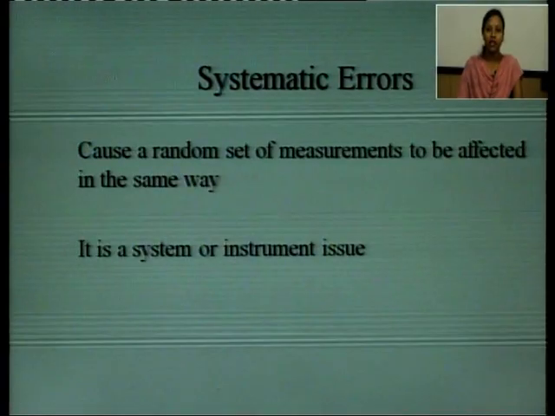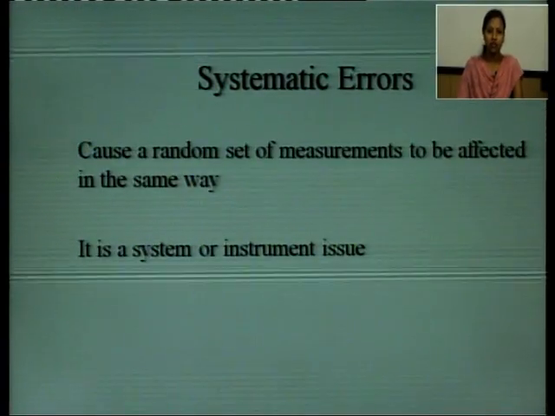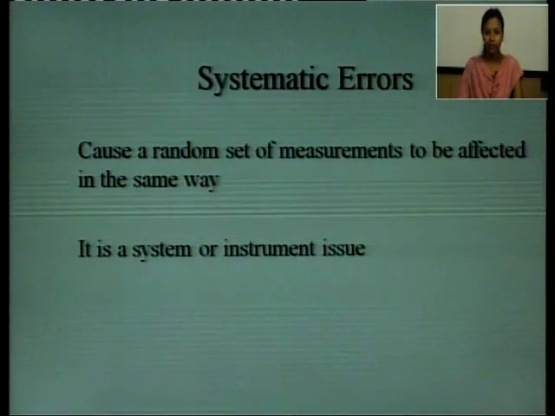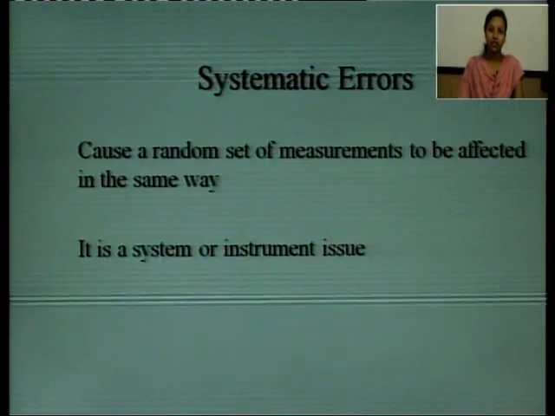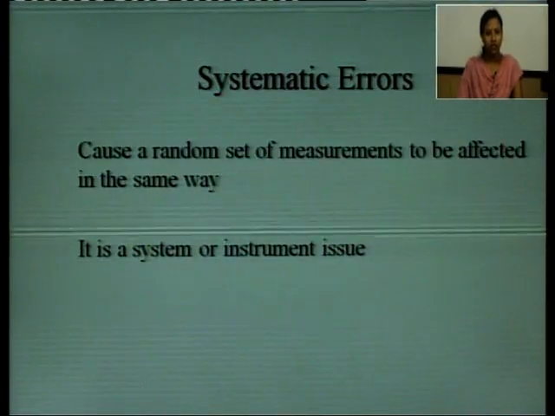Systematic error causes a set of measurements to be affected in the same way. It is a system or instrument issue.